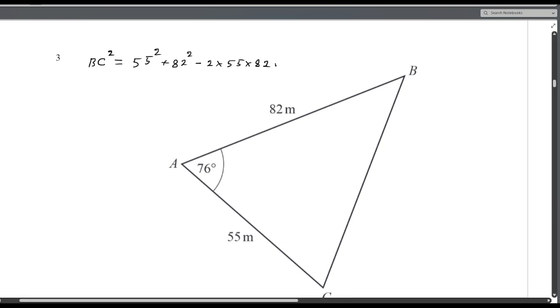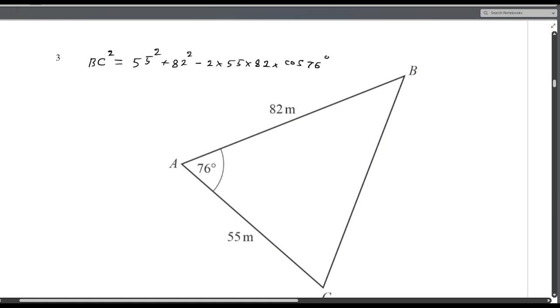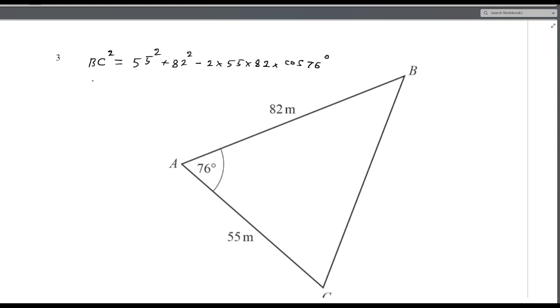Everyone knows the cosine rule, right? If not, then please revise it. So a square equals b square plus c square minus 2bc cos A.